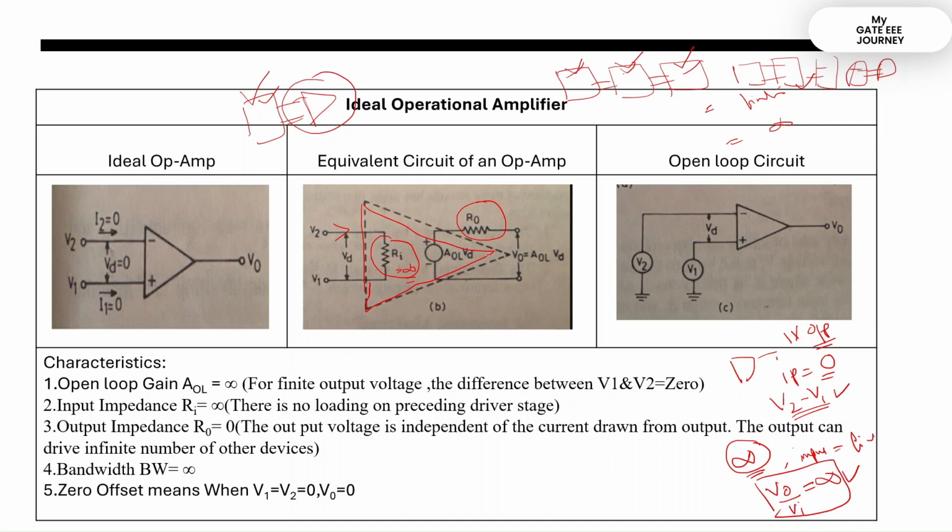What does it indicate? If it is 0, we know in case of transformers, we know the concept of voltage regulation: the transformer impedance will affect the output voltage of the transformer. But in this case, if R0, the output impedance, is equal to 0, then the output voltage V0 purely depends upon the open loop gain and the given differential input voltage.